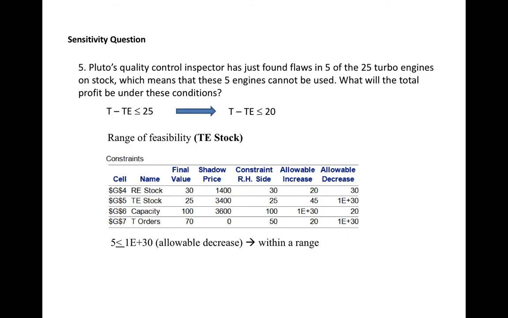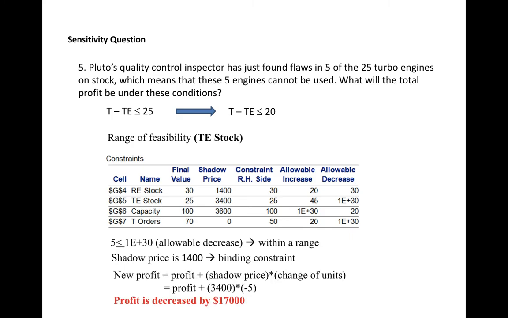So this is within the range, and since the shadow price is 1400, your new profit is going to change by the shadow price multiplied by the change in units. If you compute this quantity, you know that your profit is going to decrease by $17,000 because of that flaw.